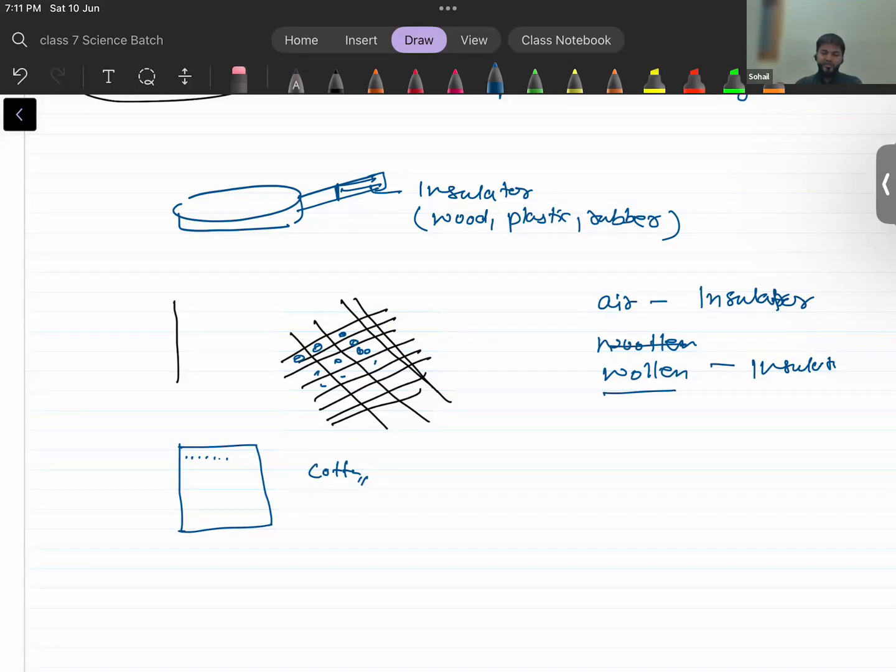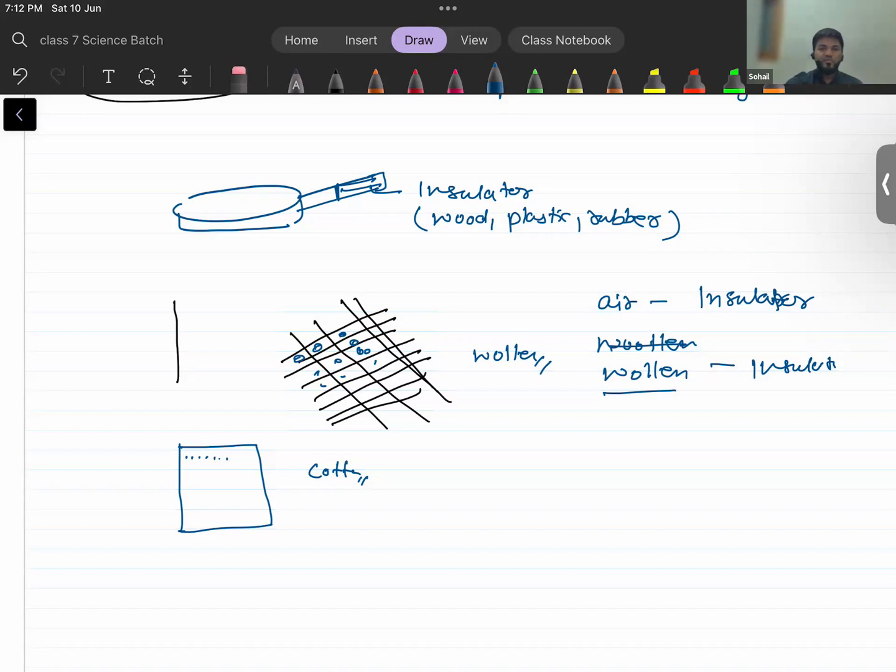Similarly, in a woolen cloth there are holes between the fibers, and in those holes also air gets trapped, so there is nowhere left for heat to escape. So this is how woolen clothes keep us warm during winters. Got this?